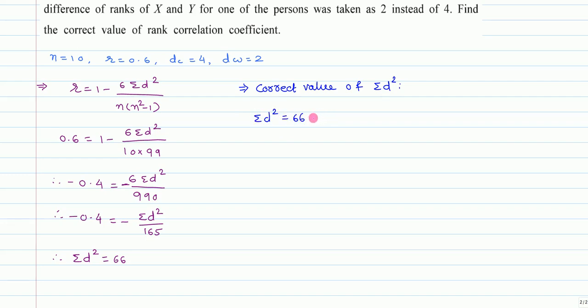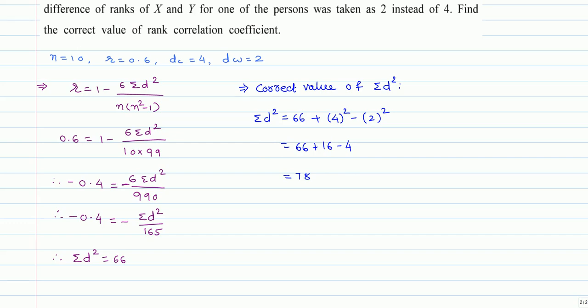We add the square of the correct value, which is 4, so 4 square, and subtract the square of the wrong value. So 66 plus 16 minus 4. 16 minus 4 equals 12, and 66 plus 12 is equal to 78. So the correct value of sigma D square is 78.